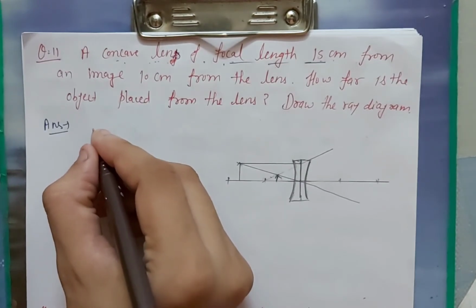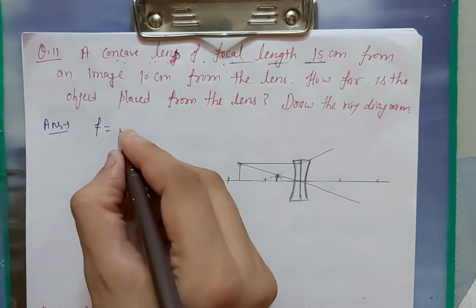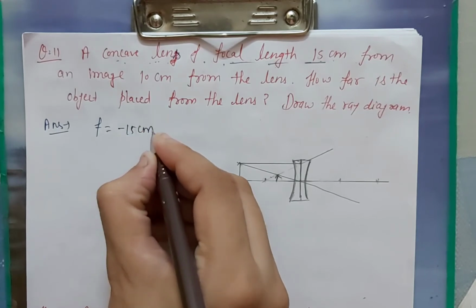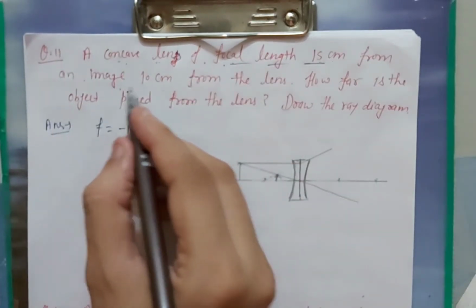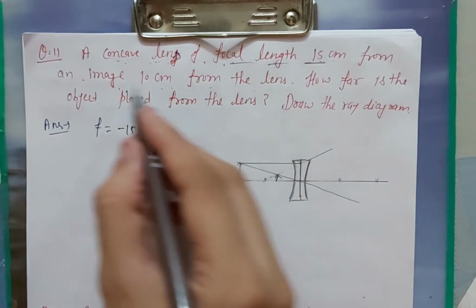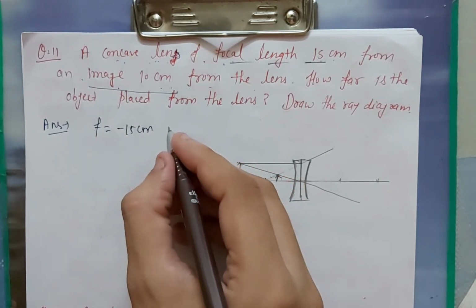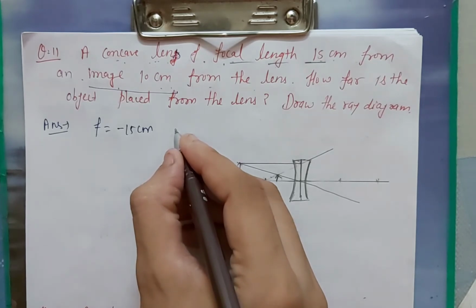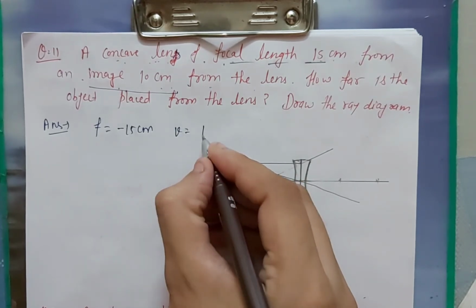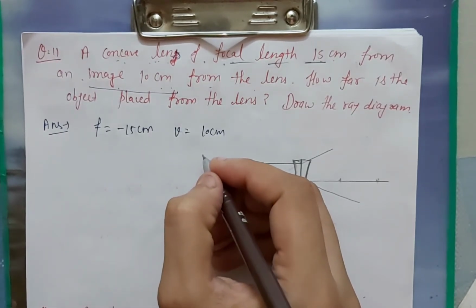So focal length is negative, so that's why minus 15 centimeter. From an image 10 centimeter from the lens, this is the image distance given. Okay, so image distance is, that's why V value is given 10 centimeter.